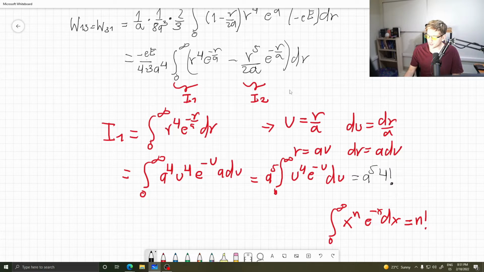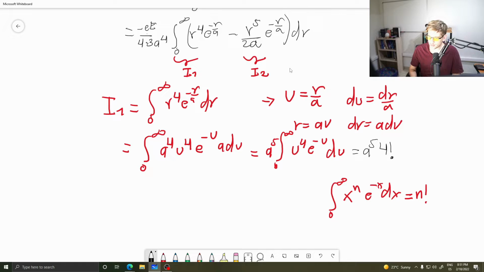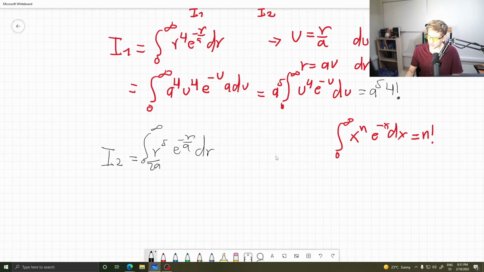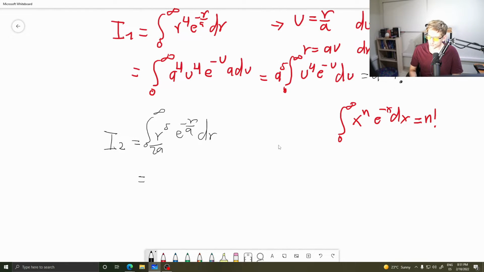And the second integral is quite similar. So integral number 2, I2, this is r to the fifth over 2a, from 0 to infinity, e to the minus r over a dr. So let's do the same change of variables. r will be a u, so we get the integral from 0 to infinity of a to the fifth u to the fifth over 2a, and then e to the minus u, and then a du.